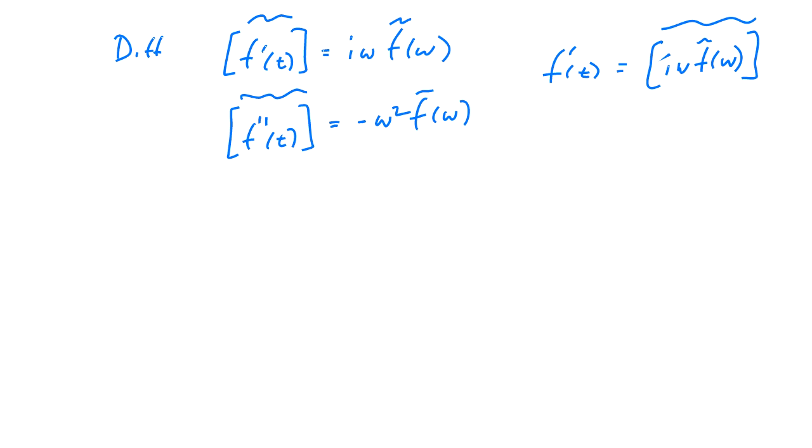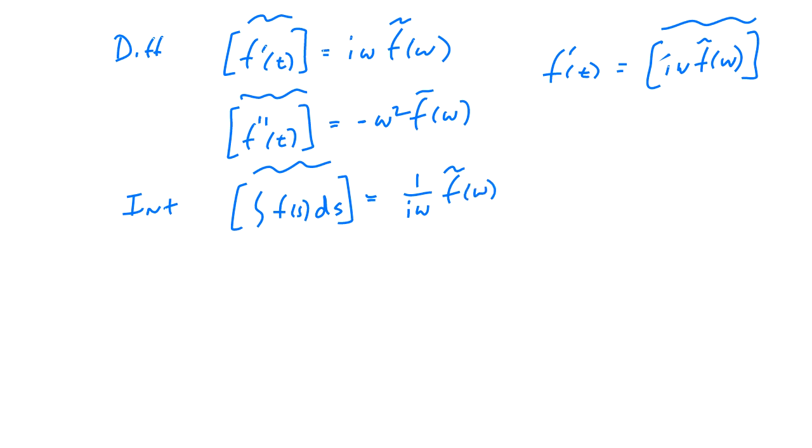Another thing we do is integration. For integrals, if you have the integral of a function, say f(s) ds, and you take the Fourier transform of it, that is the same thing as 1 over i omega times the Fourier transform plus 2 pi c delta(omega).